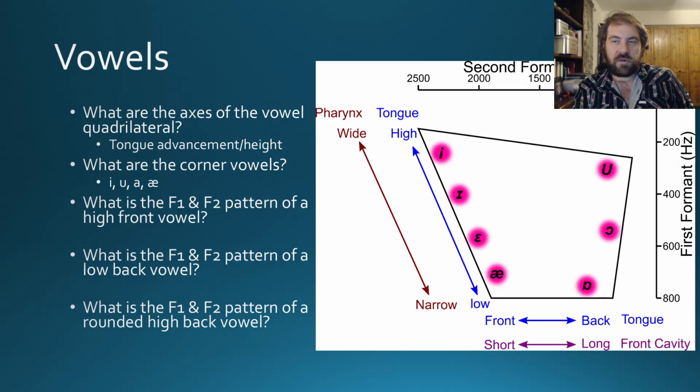Low back vowel, high F1, low F2. And what is the F1 and F2 pattern of a rounded high back vowel? Low F1, low F2. Lip rounding is going to lower F1 and F2.